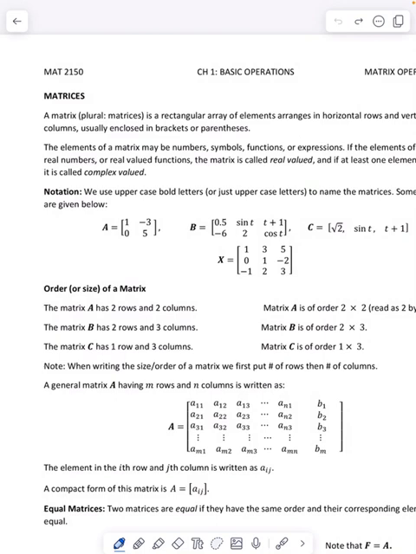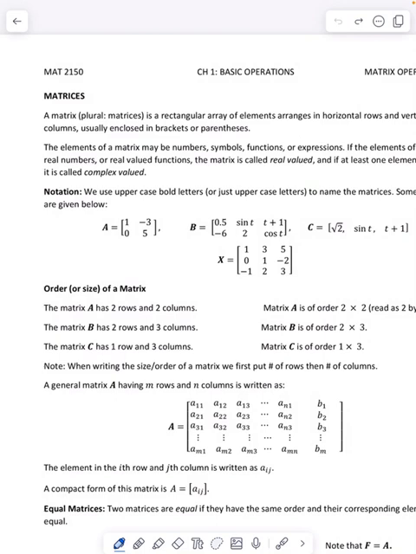Now for the notation for matrices in the matrix operations book, the book uses uppercase letters in bold face, and we can also use lowercase letters in bold face.